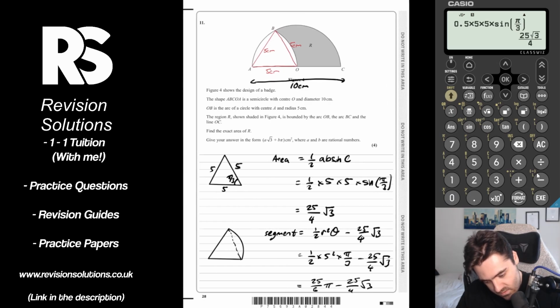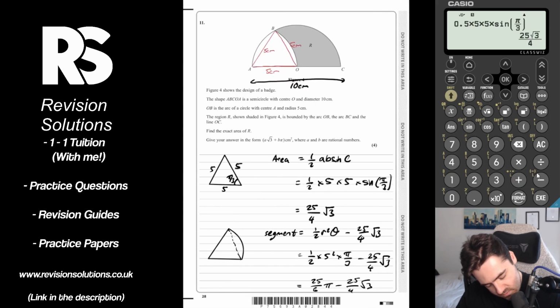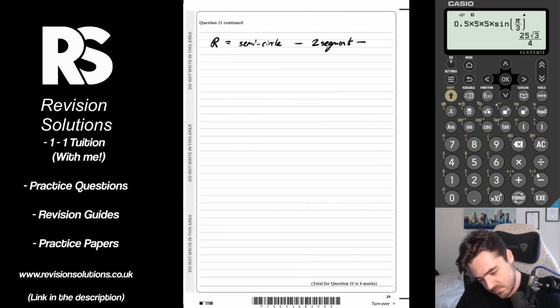So then we've got to put the pieces together now. So the shaded area R is going to be the full semicircle minus 2 lots of the segments minus the triangle.